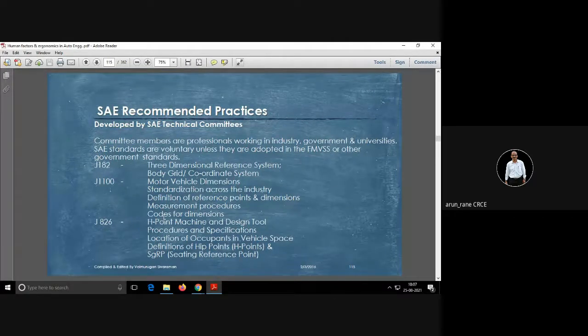So you have some references, because you have to follow some reference guidelines. If your design or your manufacturing conforms to some references, then only people will buy it. Just like we have ISI approved utensils in kitchens, and suppose your geyser, if it is ISI approved or ISI stamped, then people do not hesitate to buy.